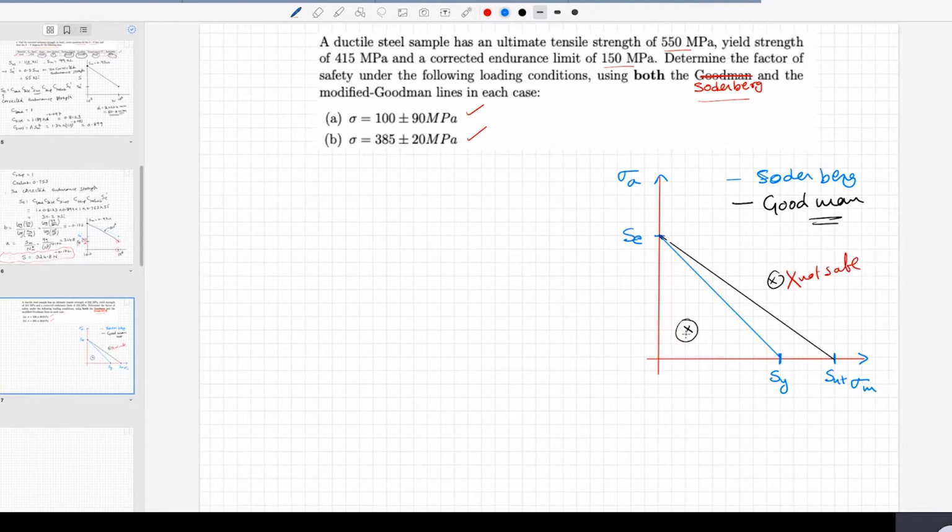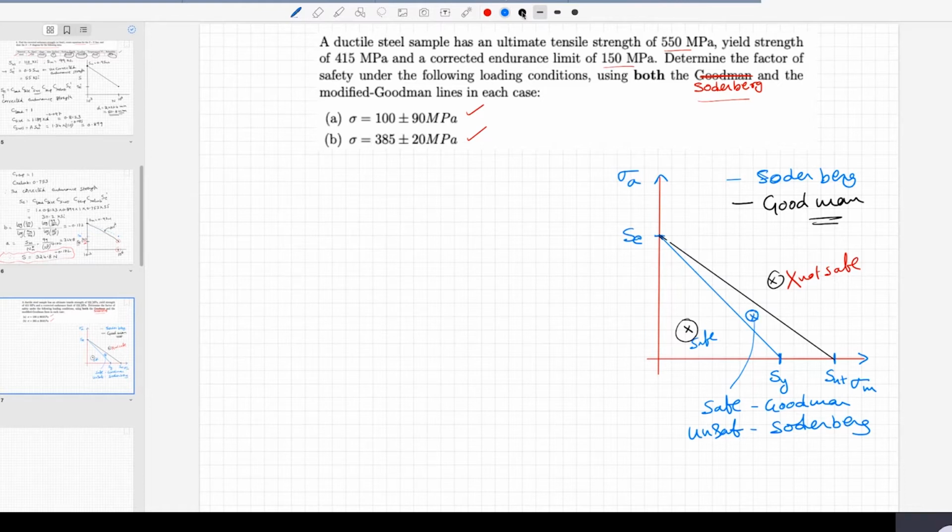And this is safe, both with respect to Goodman and Soderberg. However, if your stress state is somewhere here, then this is safe according to Goodman and unsafe according to Soderberg. Right? Because it's outside the Soderberg line.